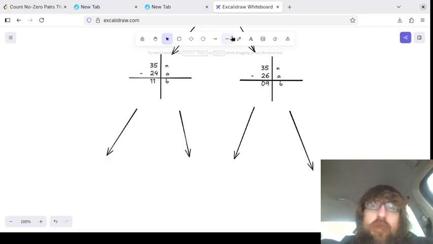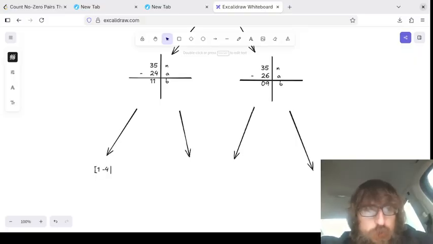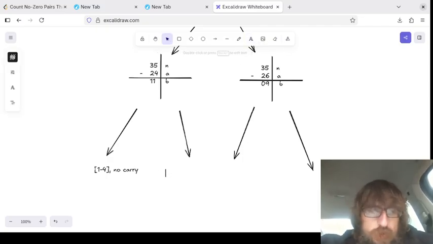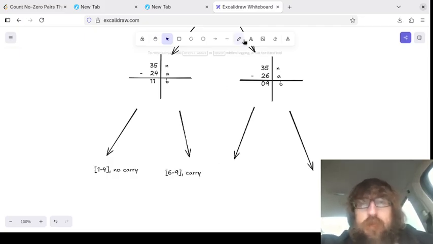What ends up happening is I get this 1 through 4 here, 1 through 4, no carry, and I get 6 through 9, carry. And the same is true over here.